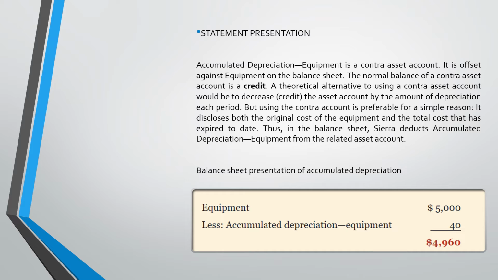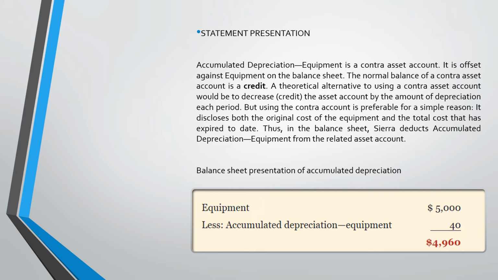Now, the statement presentation. The accumulated depreciation equipment is a contra asset account. It is offset against the equipment on the balance sheet. The normal balance of the contra asset account is on the credit side.